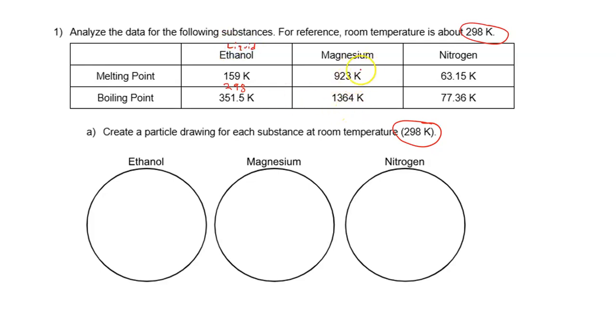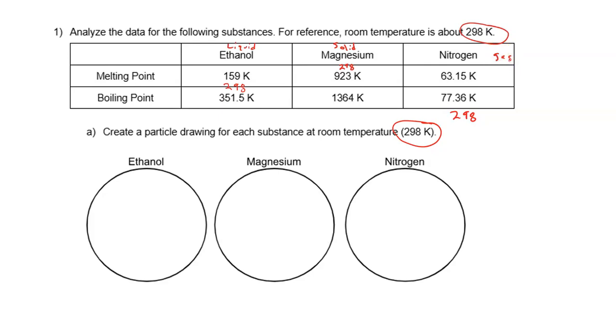Now, go over to magnesium. It doesn't melt until you get 923 Kelvin. So 298 is way below that melting point, making this a solid. And nitrogen melts at 63 Kelvin, boils at 77 Kelvin. 298 is way above both of those, so that would make this a gas.